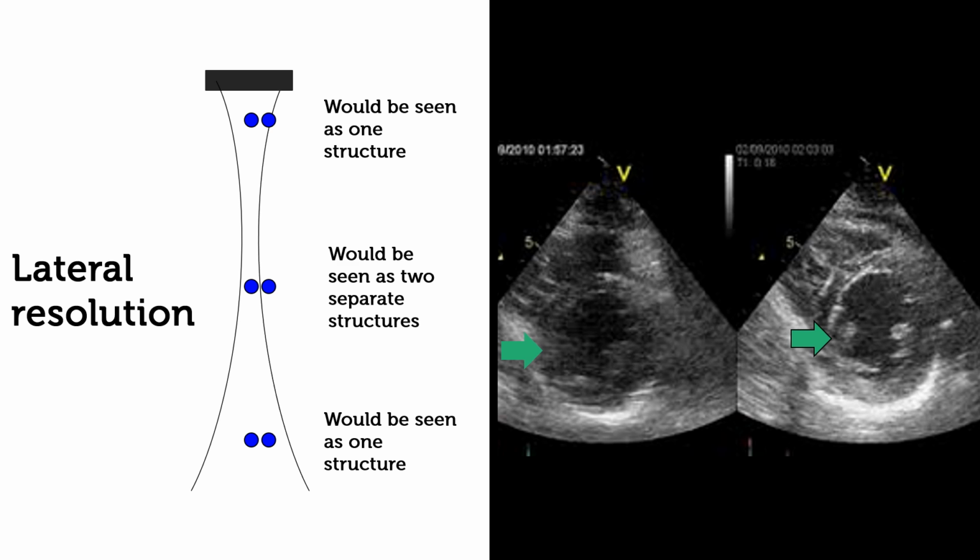The focus should be placed at the back of the object of interest. This parasternal short axis view on the left here shows how poorly defined the papillary muscles are, seen by the green arrow, in comparison to the image on the right, where the green arrow clearly shows these papillary muscles to be well defined.